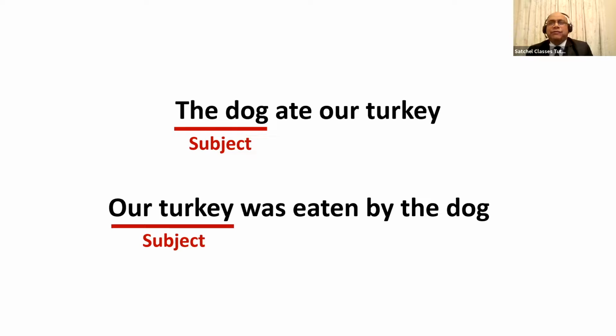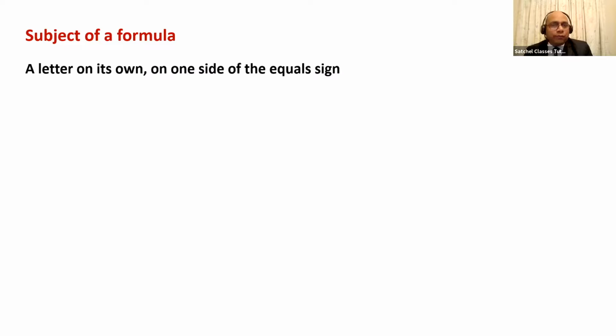But for that, we need to first understand what we mean by the subject of a formula. Well, in the case of a formula, the subject is a letter on its own on one side of the equal to sign. For example, if we have an equation which is y equals x minus 3, which is the letter on its own entirely on one side of the equal to sign?